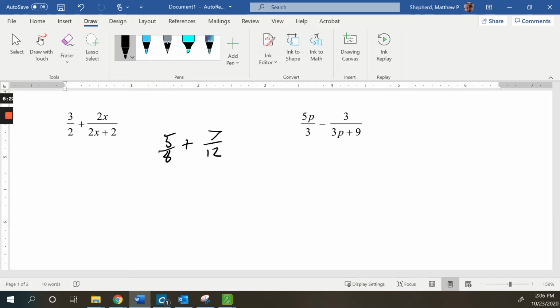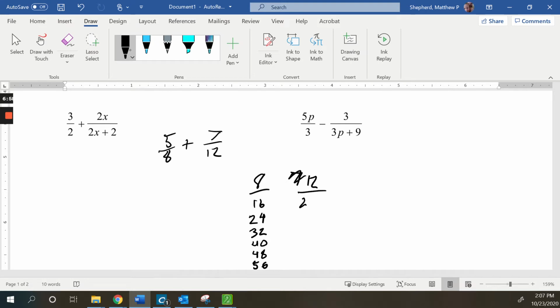Now, usually in the past, you've been told you need to find the least common multiple. The way that looked when you did it, you'd have 8, 16, 24, 32, 40, 48, 56, and then you'd also do it with the 12.